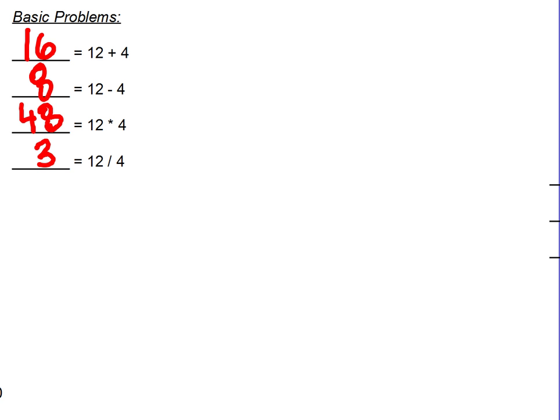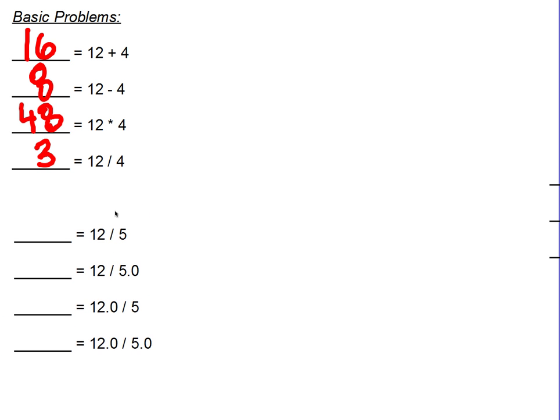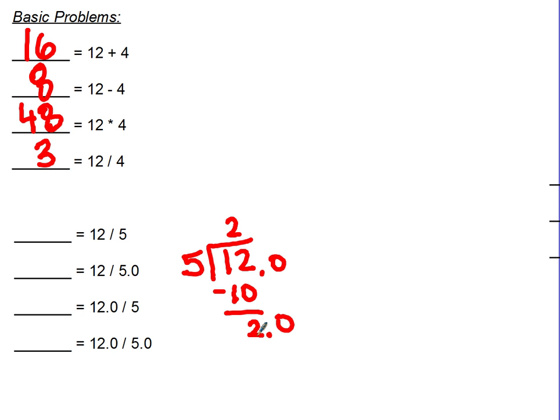It gets a little bit trickier when you look at values where the division would normally result in a decimal. So if you normally divide 12 by 5, it goes in twice. You subtract 10, you would have 2 left over. You would put in a decimal point, 5 goes into 20 4 times, so you would say 2.4 normally would be your answer here.